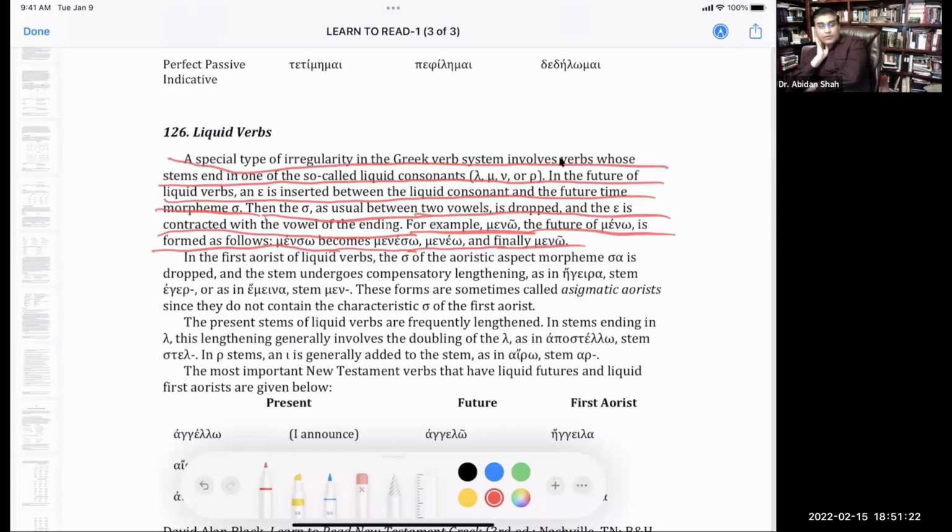In the future of liquid verbs, an epsilon is inserted between the liquid consonant and the future tense morpheme sigma. Then the sigma, as usual, between two vowels is dropped, and the epsilon is contracted with the vowel of the ending. For example, the future of meno is formed as follows. Menesso becomes meneso, meneo, and finally meno. So meno, the future form.